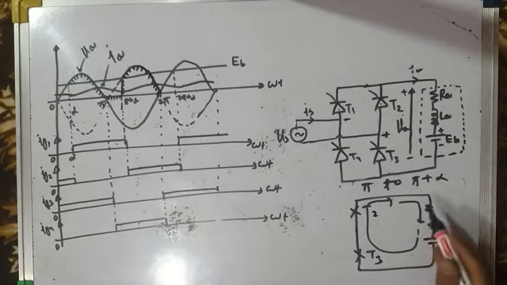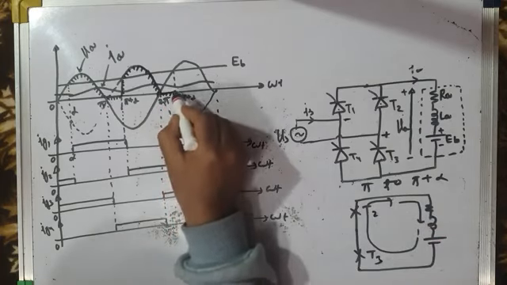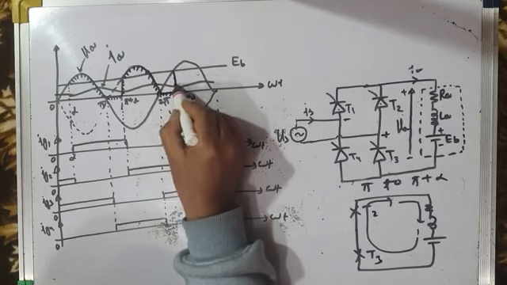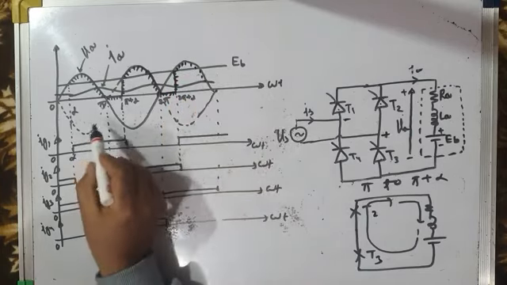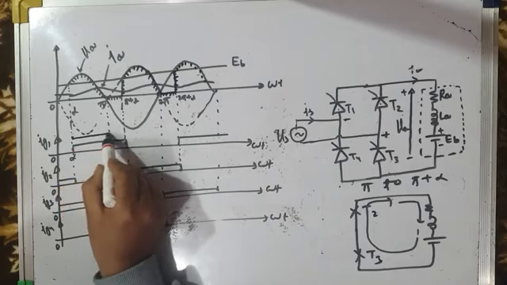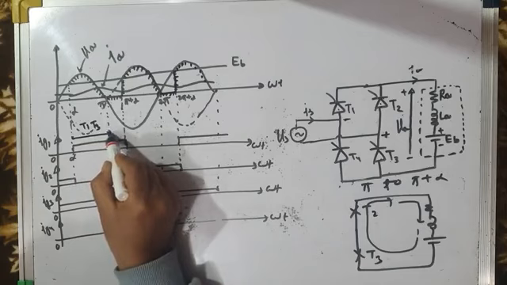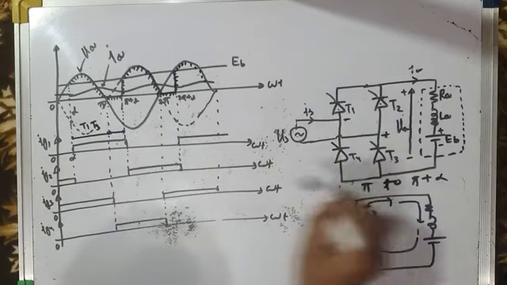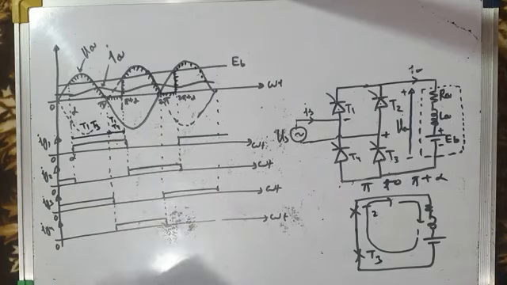And load voltage during this period again becomes equal to 0. So this is the load voltage. It becomes 0, then again becomes positive and so on. So that means from this instant to this instant, T1 and T3 pair is conducting. From this instant to this instant, T1 and T4 pair is conducting, and it provides the freewheeling action.